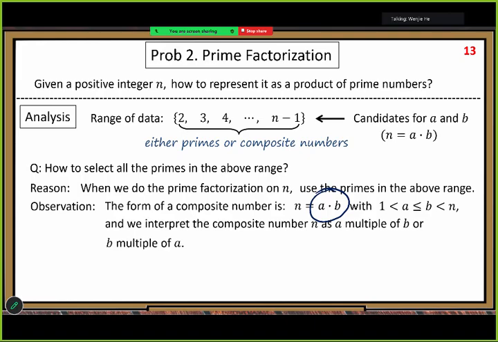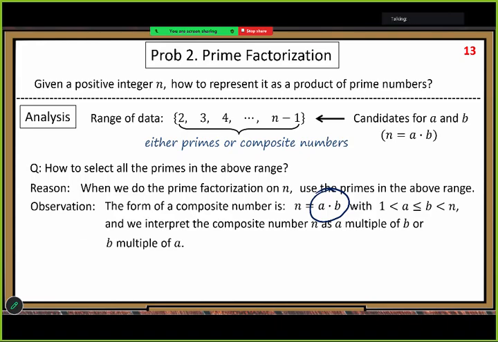Because there are two ways to view it. Sometimes A multiple of B is better, sometimes B multiple of A is better. So we have different views.